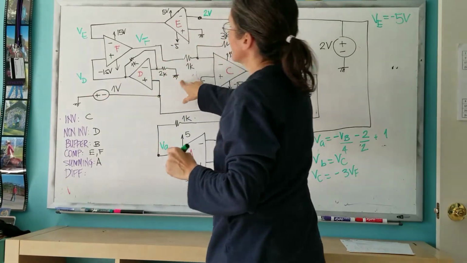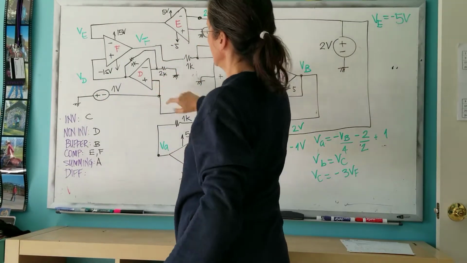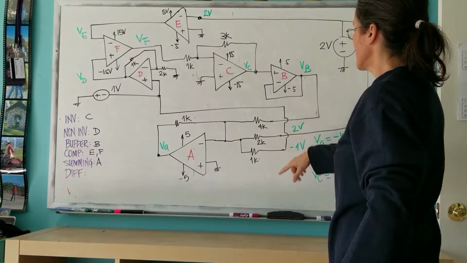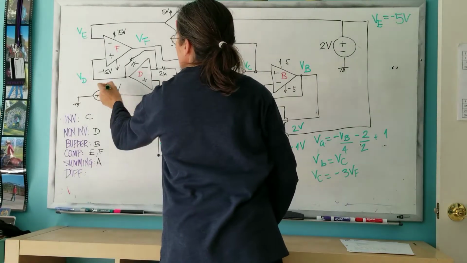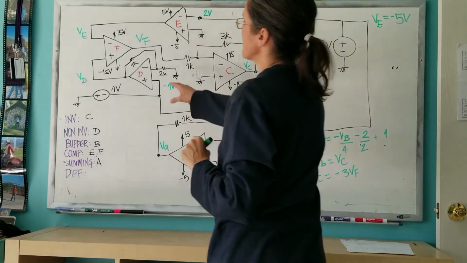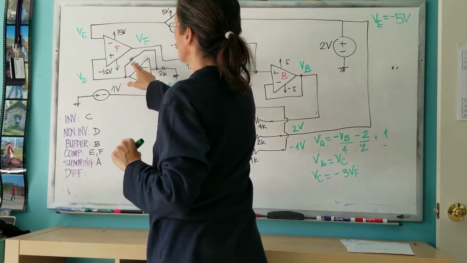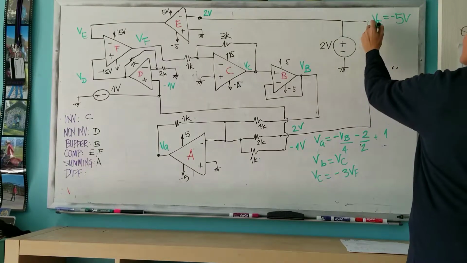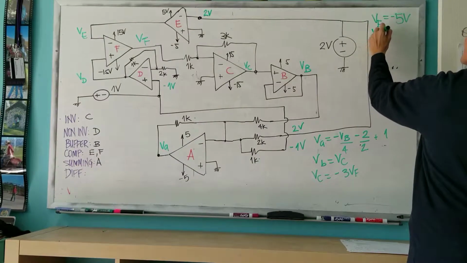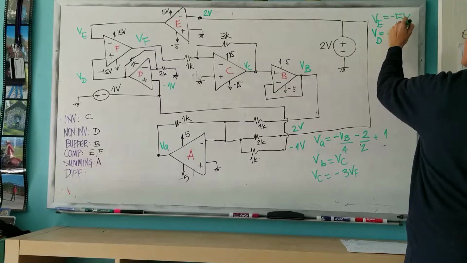And VD is a non-inverting, which gets, you know how much? Oh, I know. Minus 1 volt from here. And it gets multiplied by 1 over 2 plus 1, which is 1.5. So VD equals minus 1.5 volts.